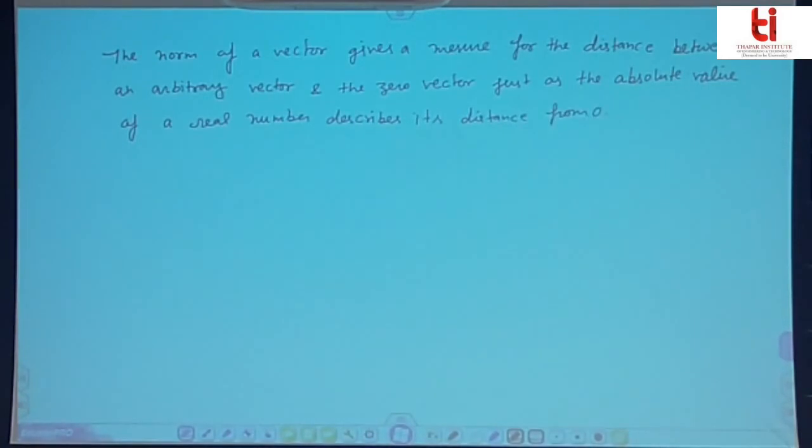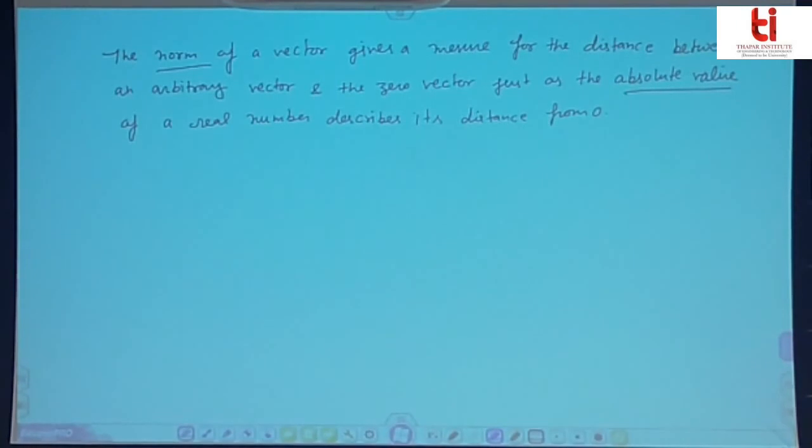So if we are talking about a real number, we take the absolute value. If we are talking about vectors, we take the norm. Norm and absolute value are the same whenever we are taking a number belonging to the real numbers.